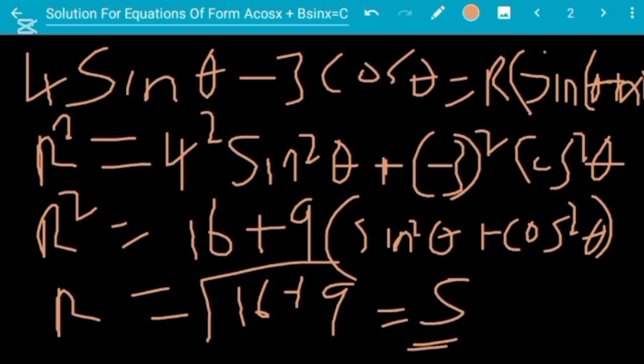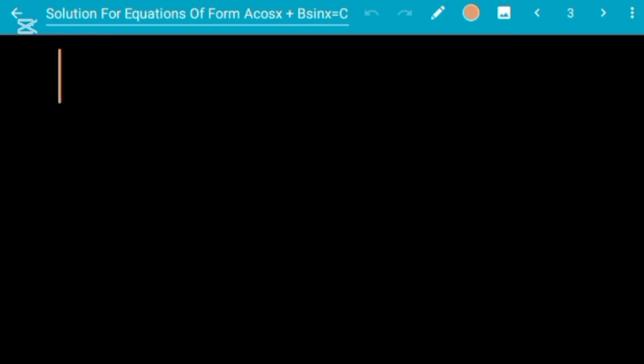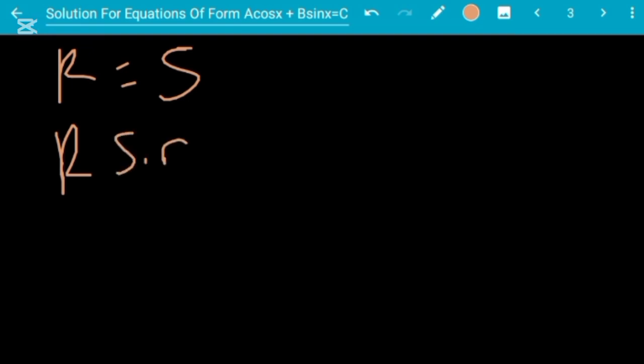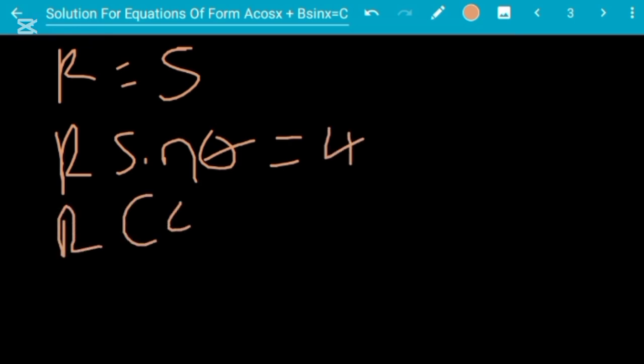So let's continue. When I know that my R is equal to 5, then R sine alpha is equal to 4, and R cos alpha is equal to minus 3.